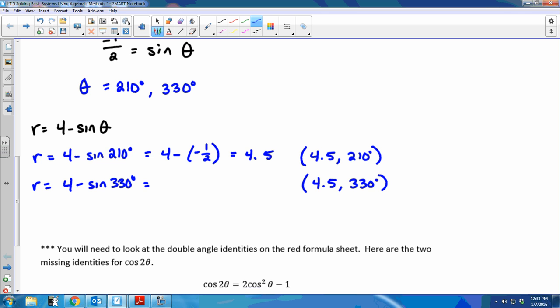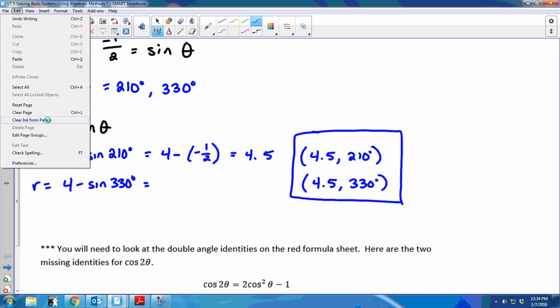All right, so you have two distinct answers. This is the answer. So don't forget to put them back into coordinate form. Don't forget to substitute back in to solve for r either. Any questions about that?